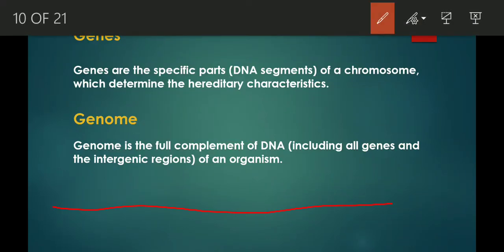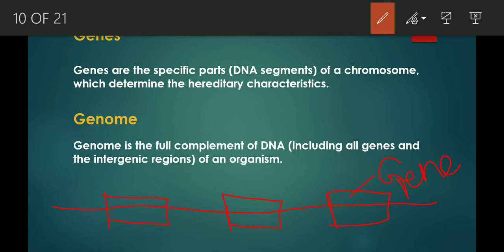Suppose this is a chromosome. Then there are certain specific parts of DNA segments present on the chromosome, which we consider as genes. And these genes determine hereditary characteristics. Hereditary characteristics means those characters that are transmitted from parents to offspring.